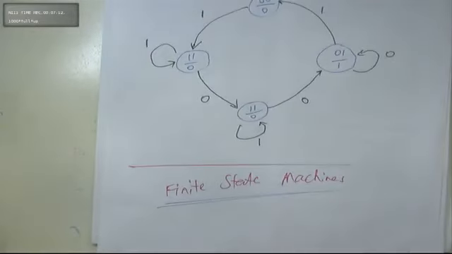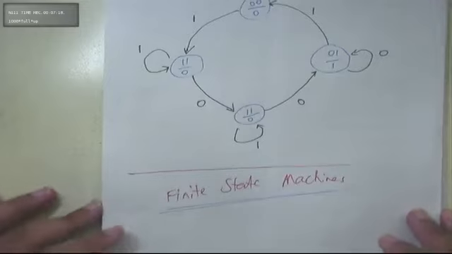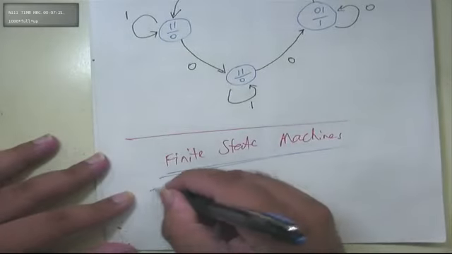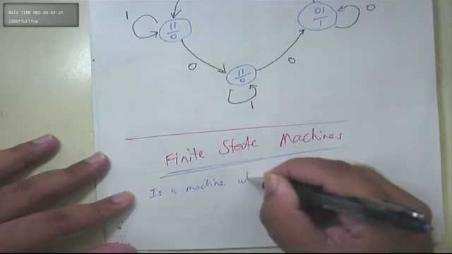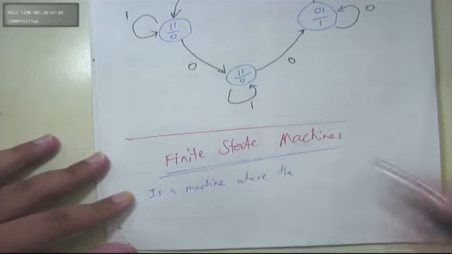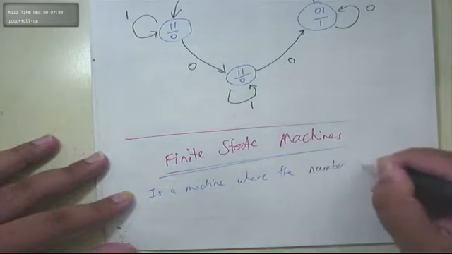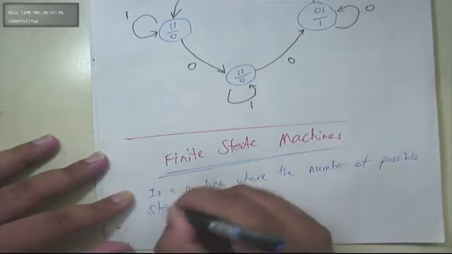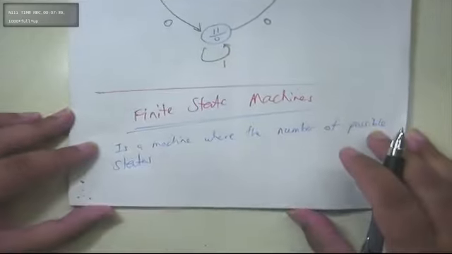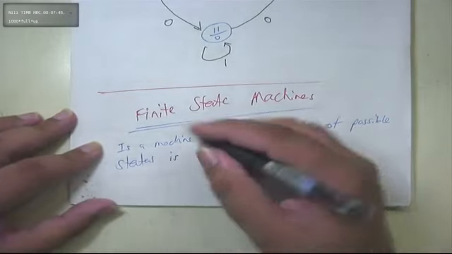Well, basically a finite state machine is a machine where the number of possible states is limited.